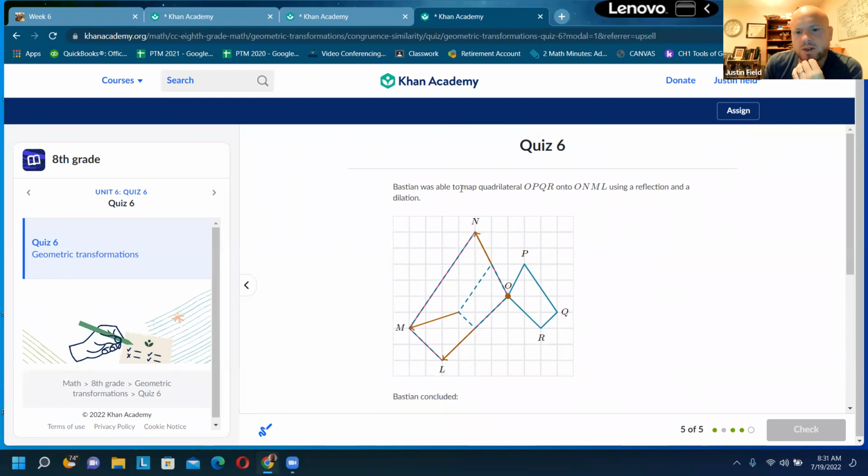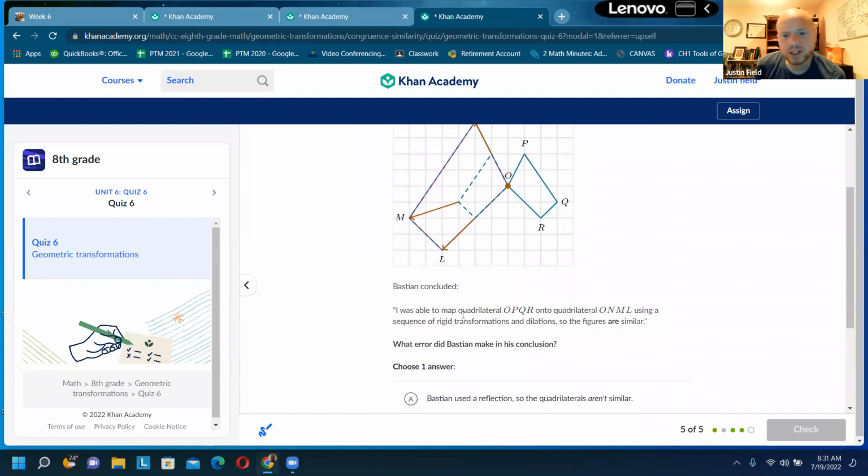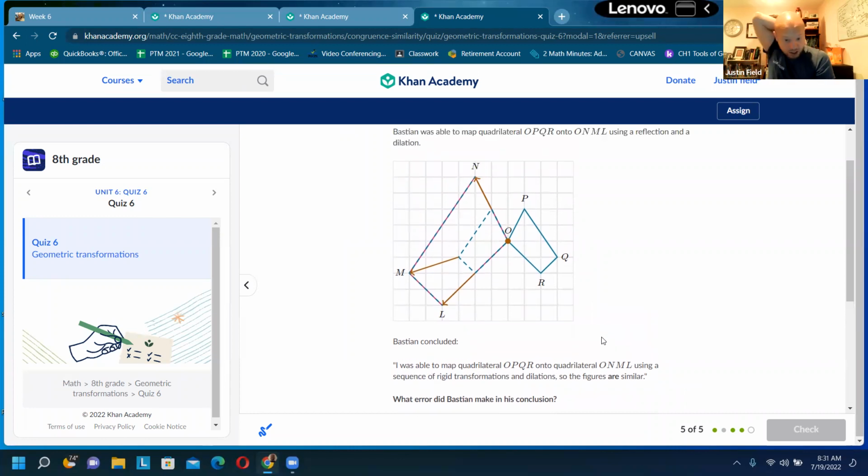Bastian was able to map quadrilateral OPQR onto ONML using a reflection and a dilation. Bastian concluded, I was able to map the quadrilateral onto the other quadrilateral using a sequence of rigid transformations and dilations, so the figures are similar. Okay, see if we can redeem ourselves here.